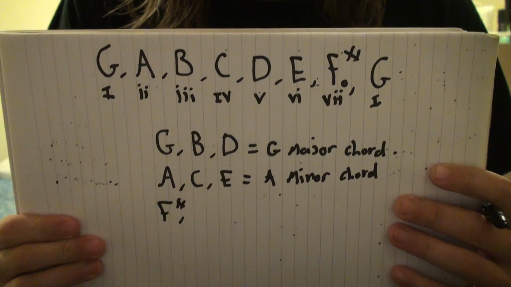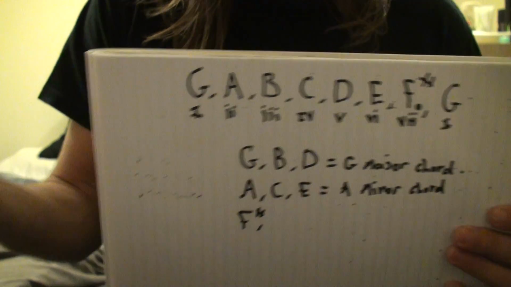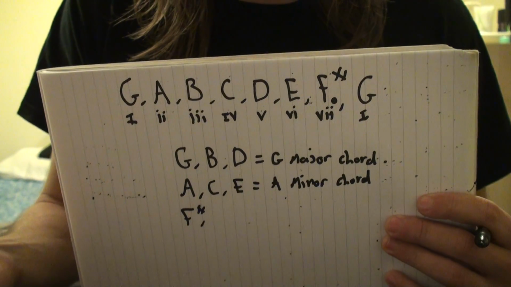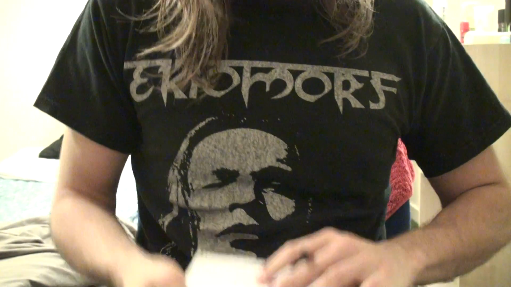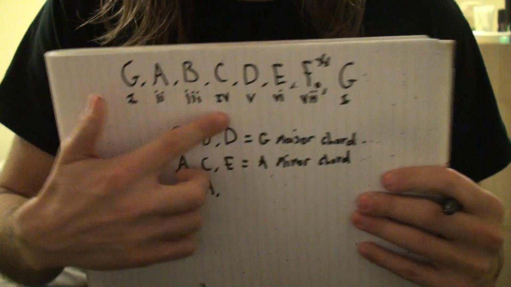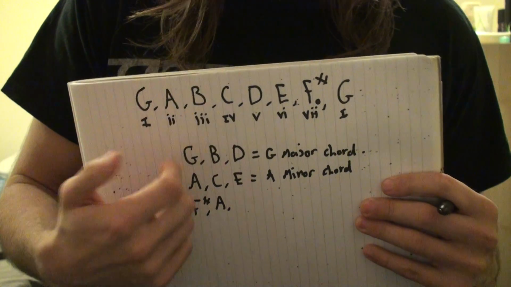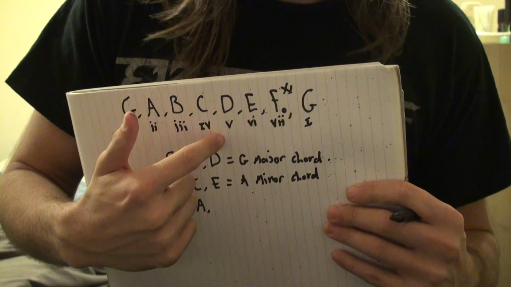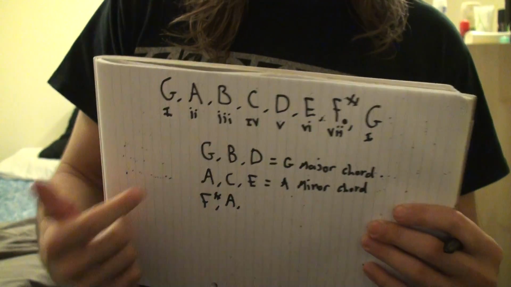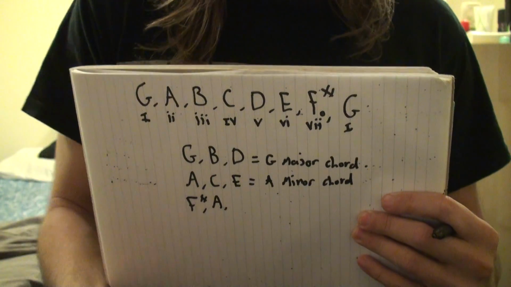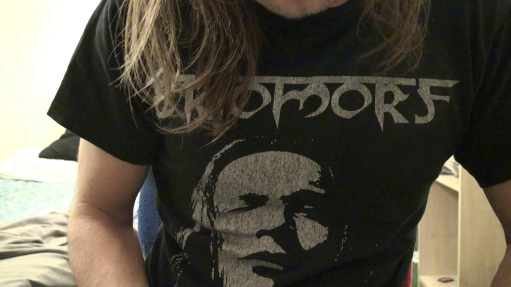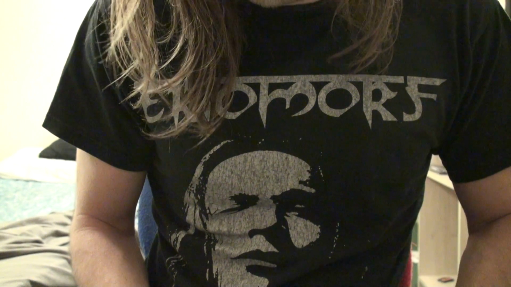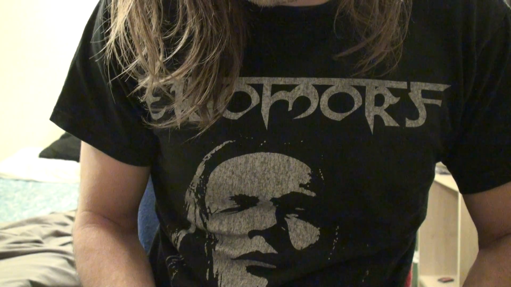So that's 3 notes, 1.5. That means that A is our next note. Then from A to C, A to B, A and A sharp, then B to C is just B, so that's 3 notes. So C is our next note. So we have now figured out F sharp diminished.